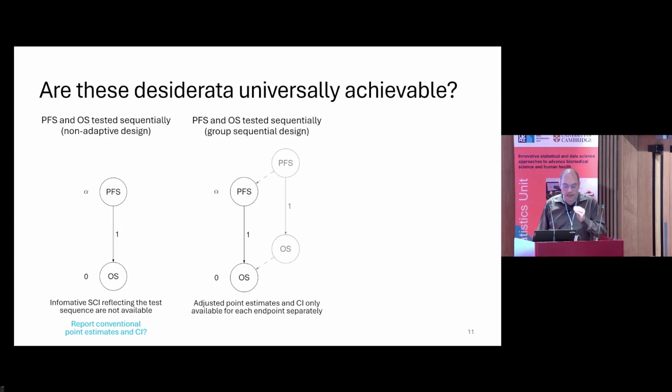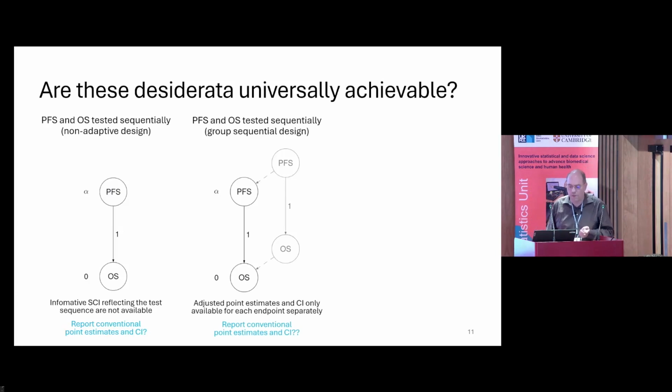Now, there are adjusted point estimates and confidence intervals, but only for each endpoint separately, not to take into account the entire testing scheme. Because if on the left side we already don't have this information, then in the group sequential design in the middle, which is more complicated, it's even less possible to come up with overall adjusted estimates.